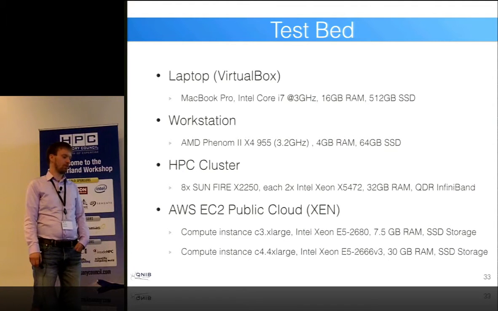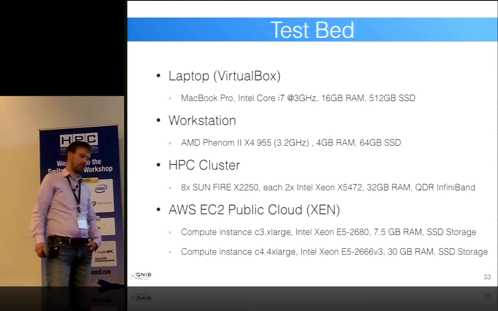And I also ran the workloads in AWS. A couple of weeks ago, when I conducted the study, it was C3 X large. And this week, I also fetched the more expensive C4 4X large, with 16 virtual CPUs, to have a look at the performance at the current level.